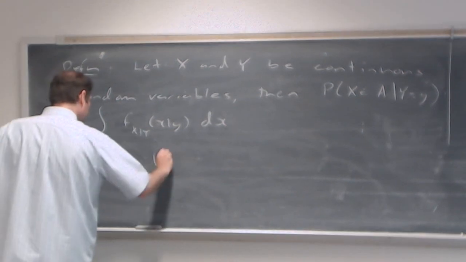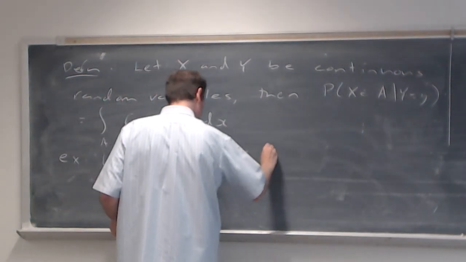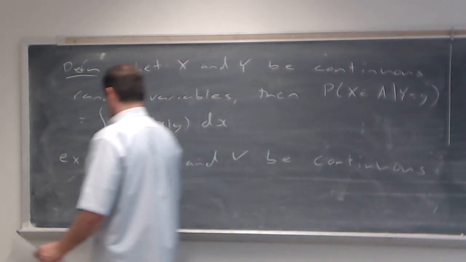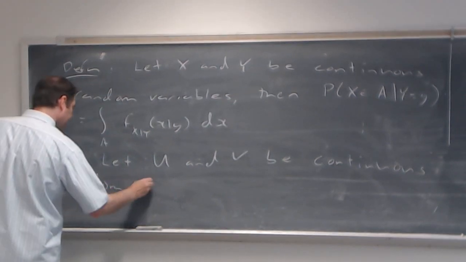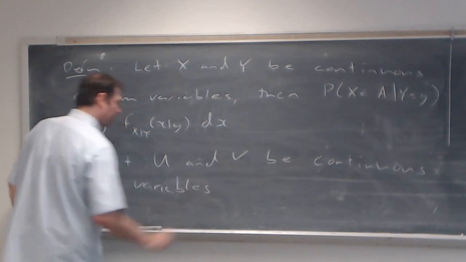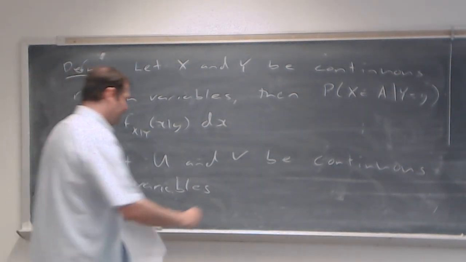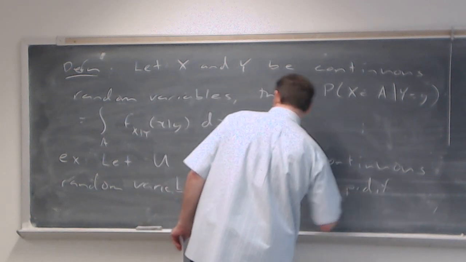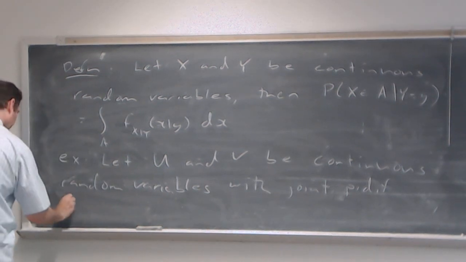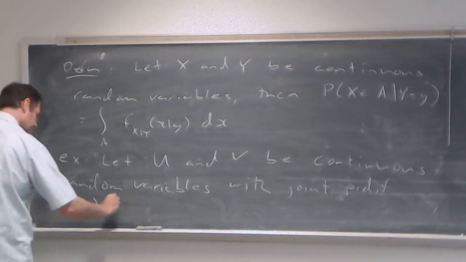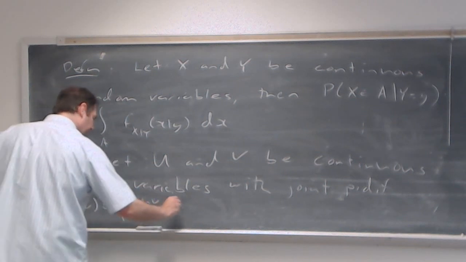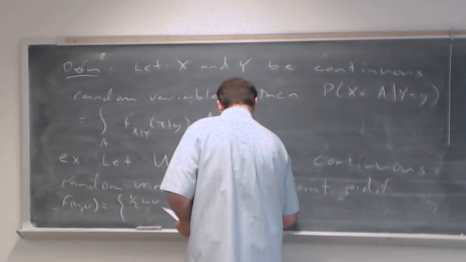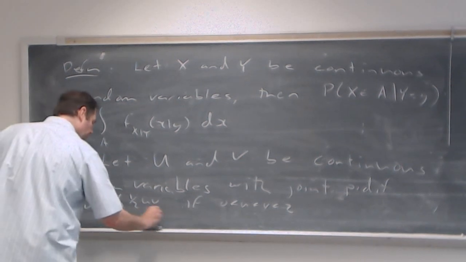And as an example, we let u and v be continuous random variables with joint PDF f of u comma v equal to 1/2 uv if 0 is less than u is less than v is less than 2, and 0 otherwise.